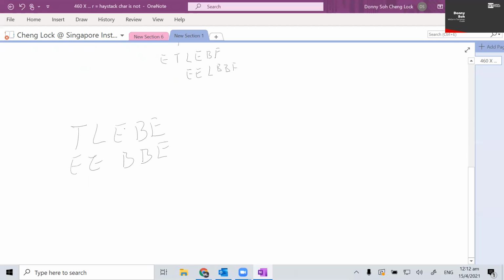Okay, now let's look at this example. We have match E, fine. We have match B, fine. Here there is a mismatch. So if there's a mismatch, we check if the character is in my middle or not.